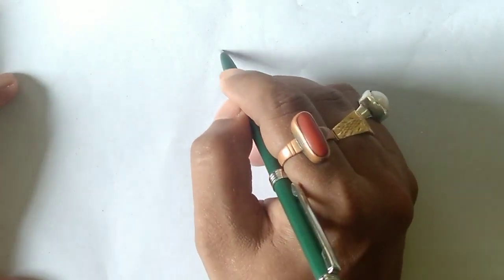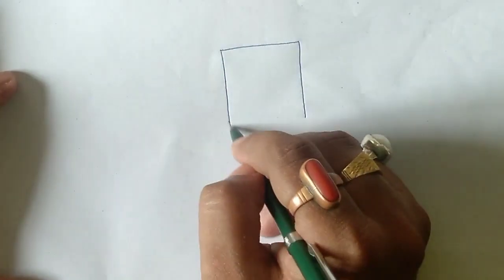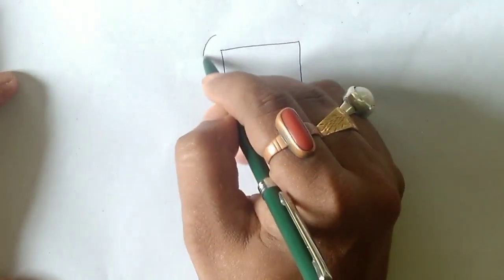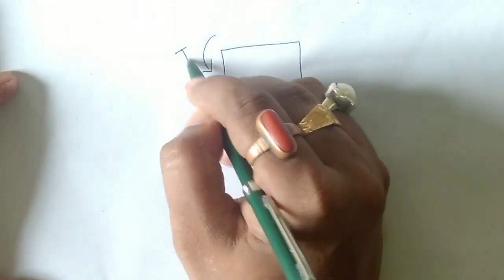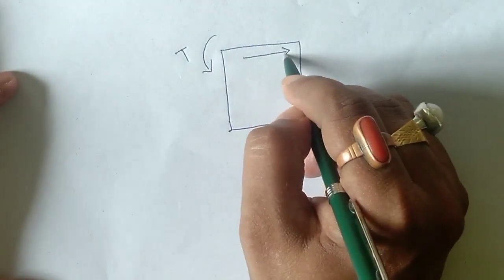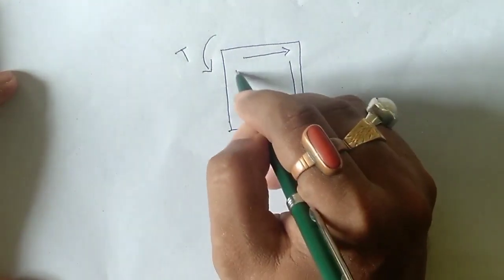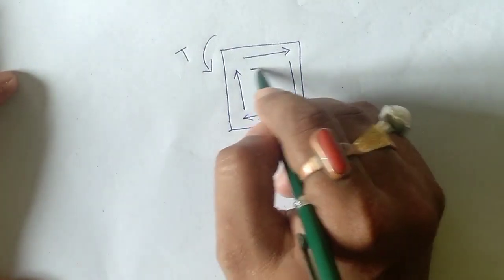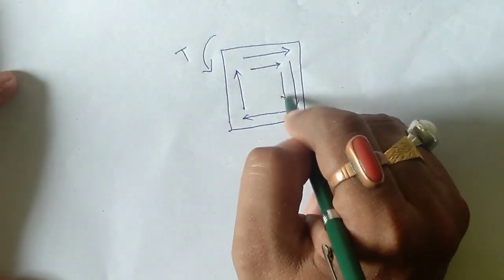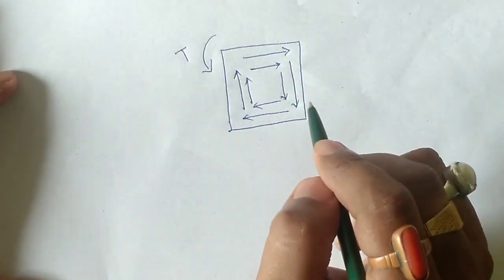For a rectangular beam under torsion, the shear stresses are developed inside the cross section in this fashion at the different levels of fibers.